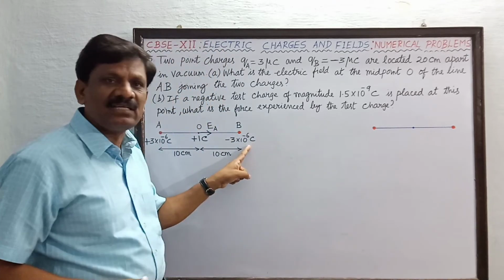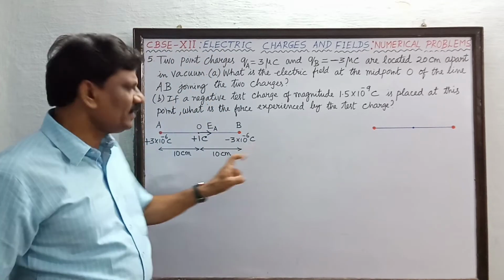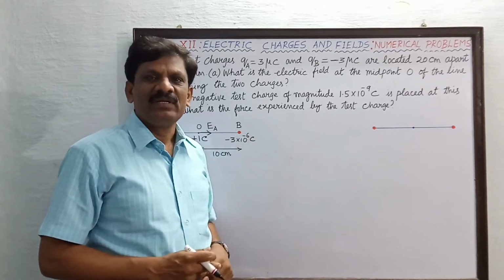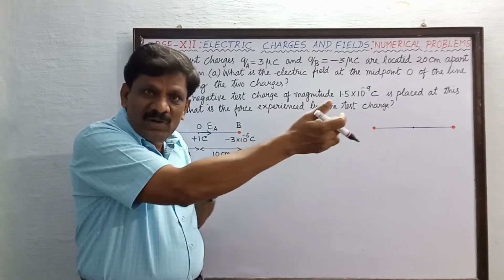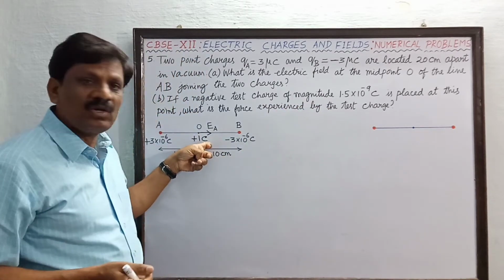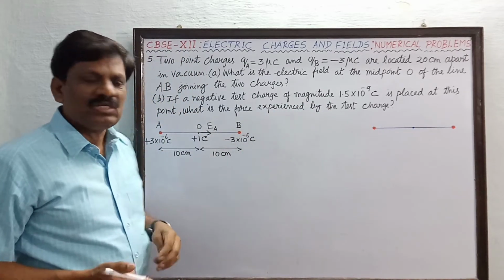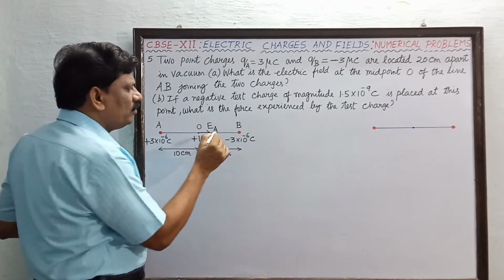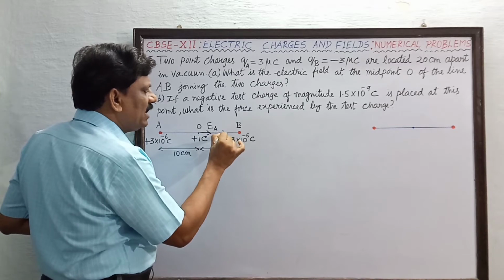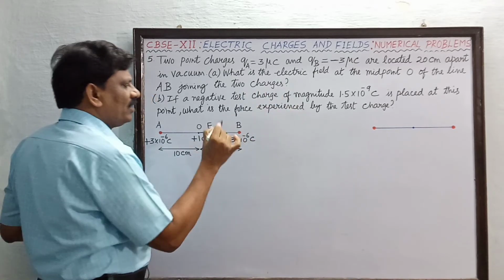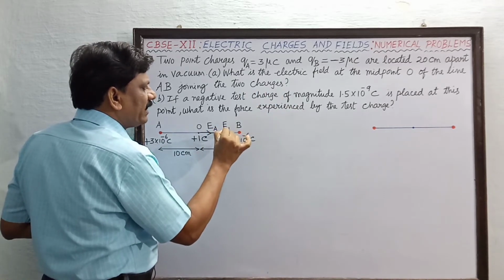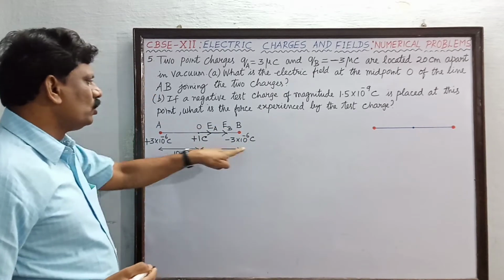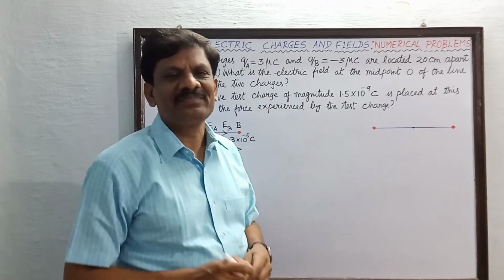Due to the second charge located at B. What kind of charge is placed at B? It is a negative charge. So that negative charge will try to pull the positive charge of plus 1 coulomb towards B itself. So at the same point O, on the same charge plus 1 coulomb, there is another force acting along the direction OB. That is the direction of the electric field at O due to the second charge.